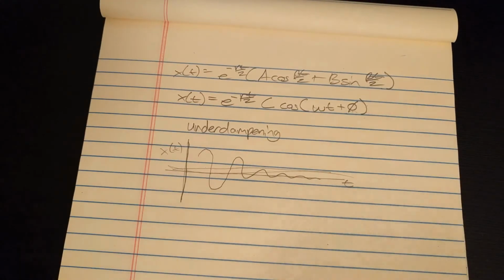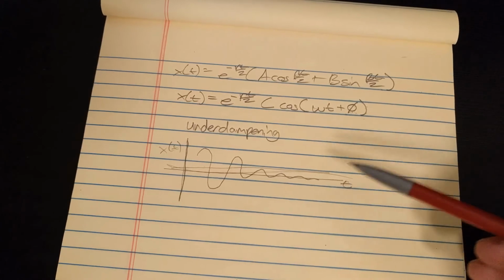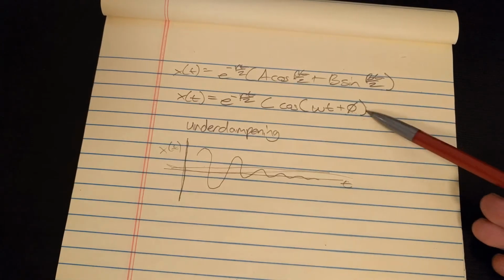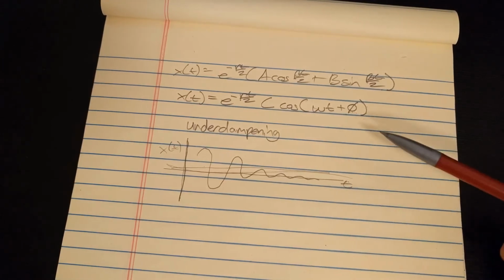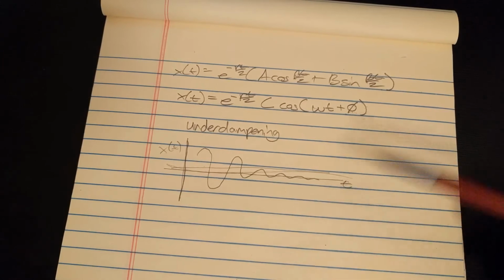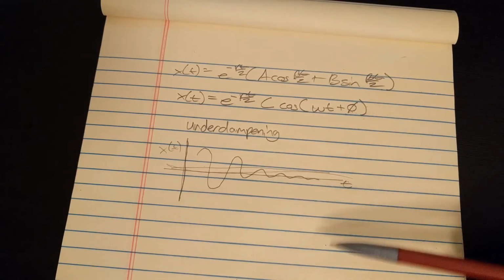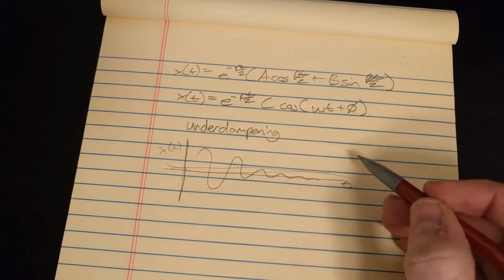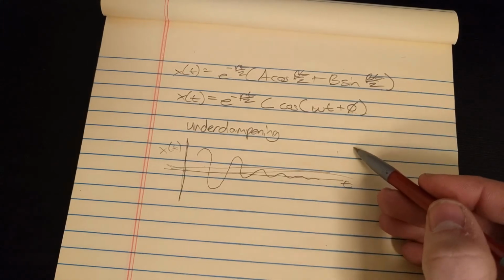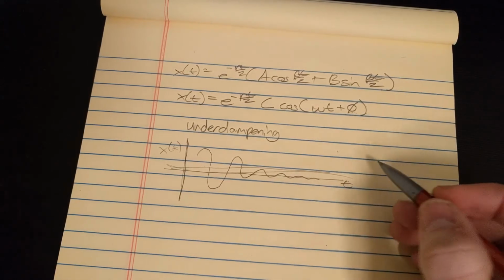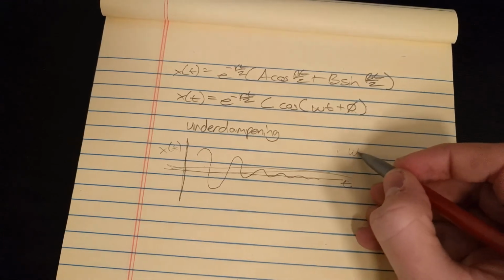Now I'm going to turn it over to Mathematica so we can look at the behavior of the functions in each case and see how the functions change as we change the parameters, such as the damping coefficient and the natural resonant frequency, which is omega.